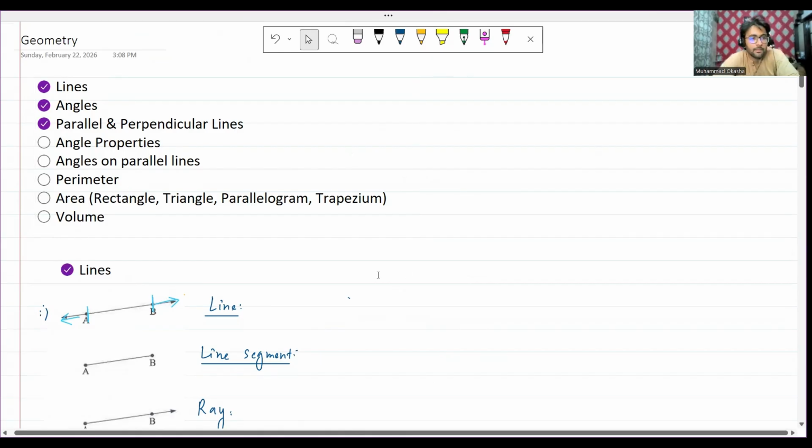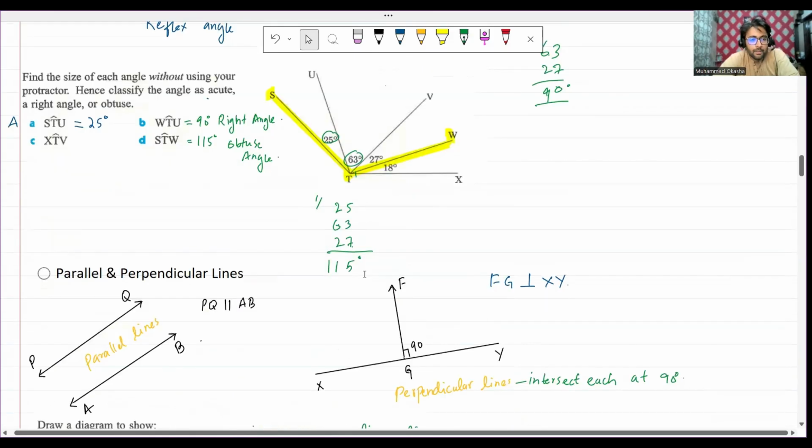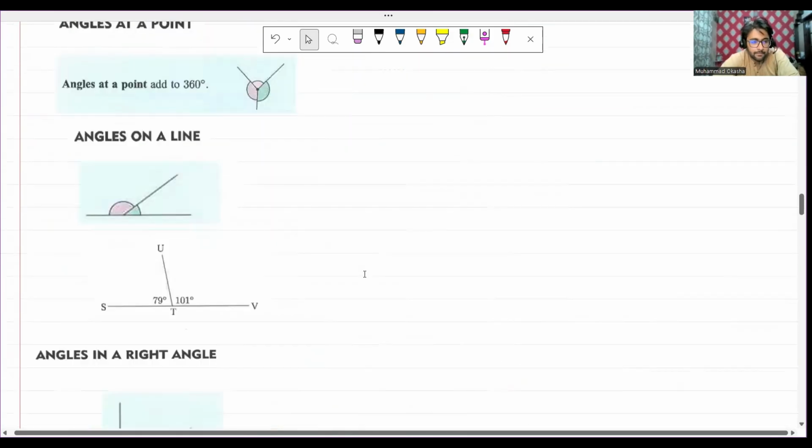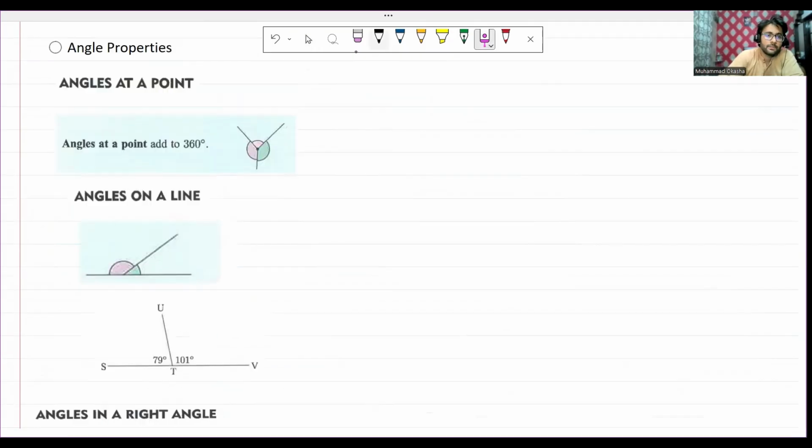Let's talk about angle properties. Right, so we have three really important angle properties. The first one is called angle at a point, right? So let's say you have a point. All the angles around this point, let's say you have this angle A, angle B, angle C, angle D, E, F, G. You can have as many angles as you want, as long as they are around a single point.